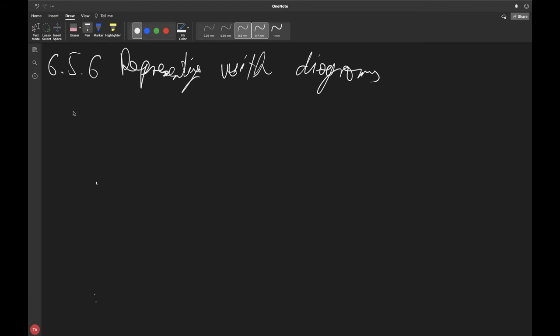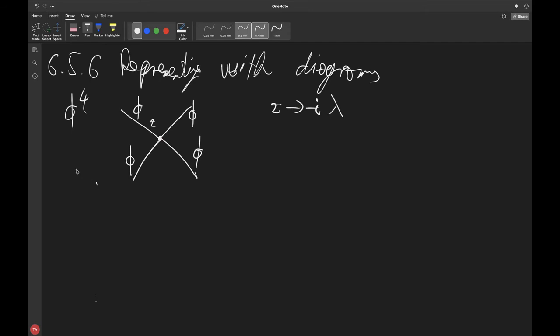So with the phi 4 theory, we have 4 lines, because we have phi 4. Each of them is labeled with the phi, and we have a vertex, let's call it z. And so z has the contribution of minus i and the coupling constant. Then, this was for the vertices.